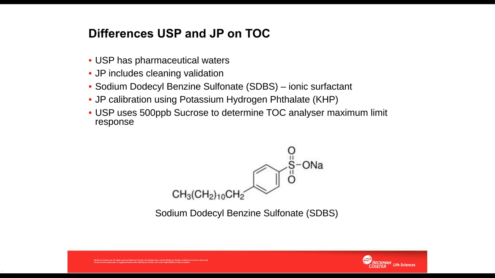Now, another difference is that the Japanese chapter gives some guidance on calibration, which is not the case with USP 643. The Japanese chapter instructs the user to use KHP as a calibration solution. Now, KHP is a relatively easy to oxidize solution. It's very stable, and it's frequently used to calibrate general purpose laboratory TOC analyzers.